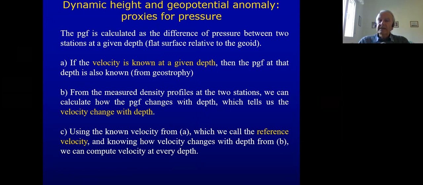That means that we can obtain the geostrophic flow by calculating the pressure gradient force as the difference of pressure between two stations at a given depth. So this is a flat surface relative to the geoid.